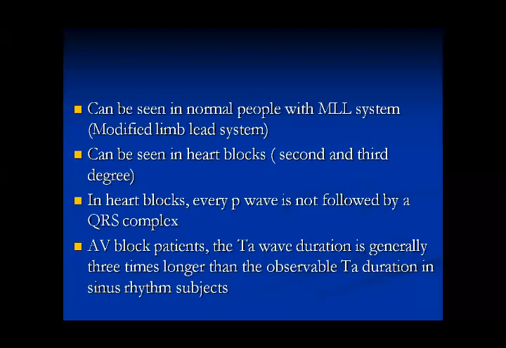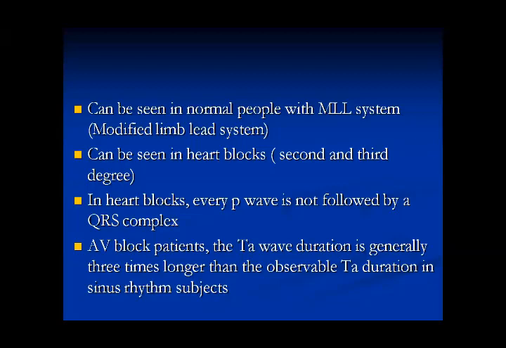In second and third degree heart block, every P wave is not followed by a QRS complex. So when there is no QRS complex, the atrial repolarization wave or TA wave should be visible, or it should appear on the ECG.